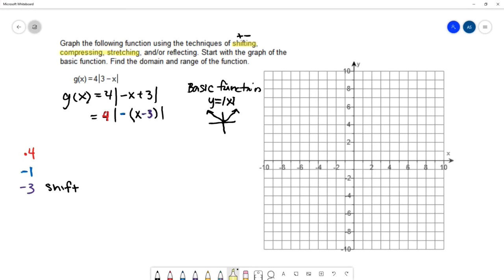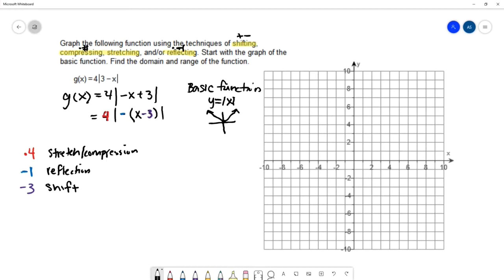And stretching or compressing happens when you multiply by a number. So that multiplication by 4 is going to be either a stretch or a compression. And then our final category of transformations is reflecting, and reflecting is going to happen when you're multiplying by a negative 1. So we've got multiplication by a negative 1, so we have a reflection.